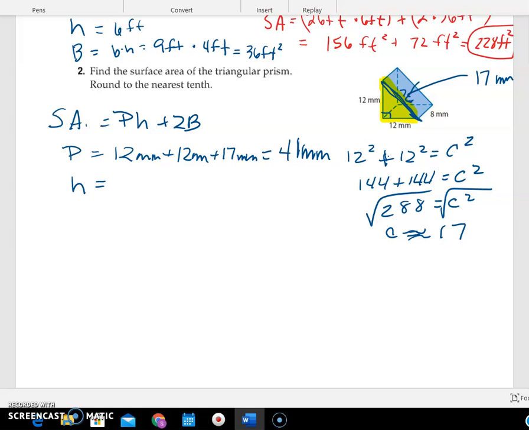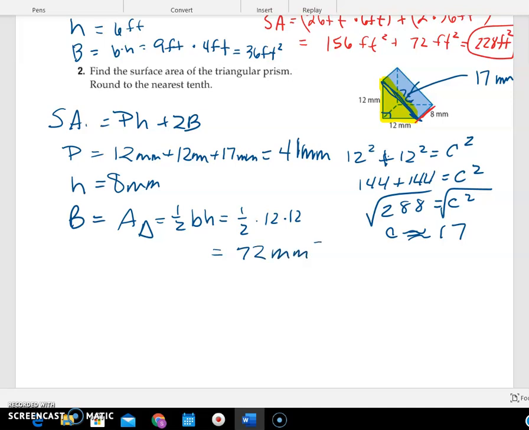So if the triangle is the base, then the 8 millimeters has to be the height. And then we would need the area of the base. Well, the base was a triangle, so I'm going to find the area of that triangle, which is 1/2 its base times height. The base and the height of that triangle is 12 and 12. So that's going to be 72 millimeters squared.